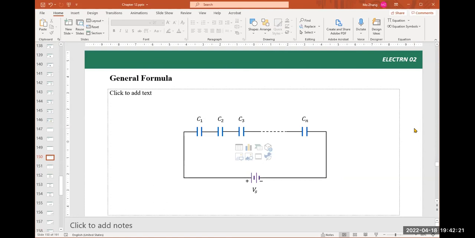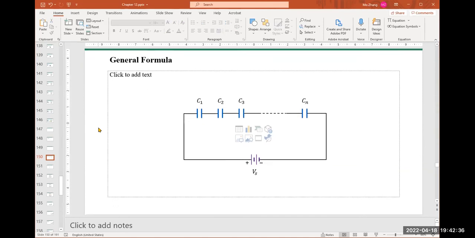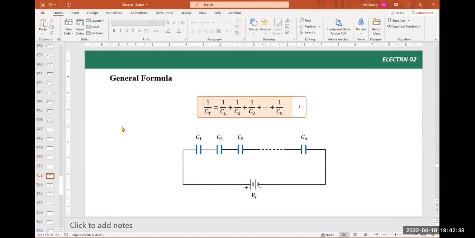We cannot just add them up. Capacitors are special. The total capacitance is not found by adding them up. Actually, we have to use the other formula, the reciprocal formula. This is not new to everyone.